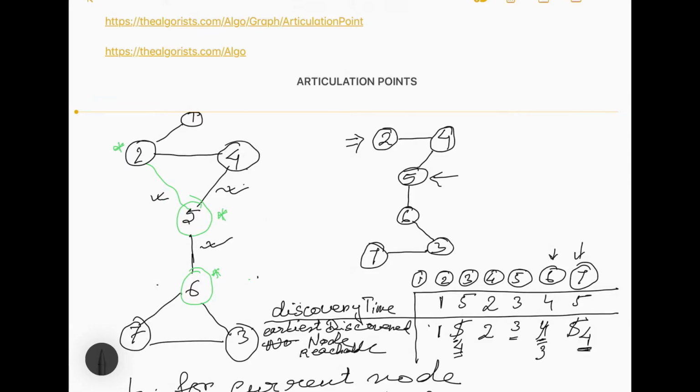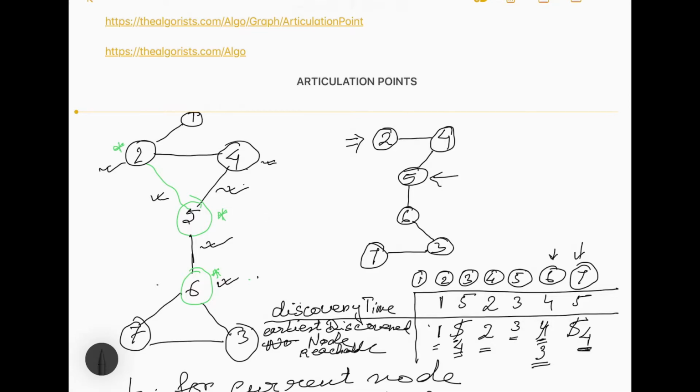So I will take the minimum of the discovery time of 4, the discovery time of 2, and the earliest discovered node reachable from 6. The earliest discovered node reachable from 6 is 3, the discovery time of 2 is 1, the discovery time of 4 is 2. So the minimum is 1.